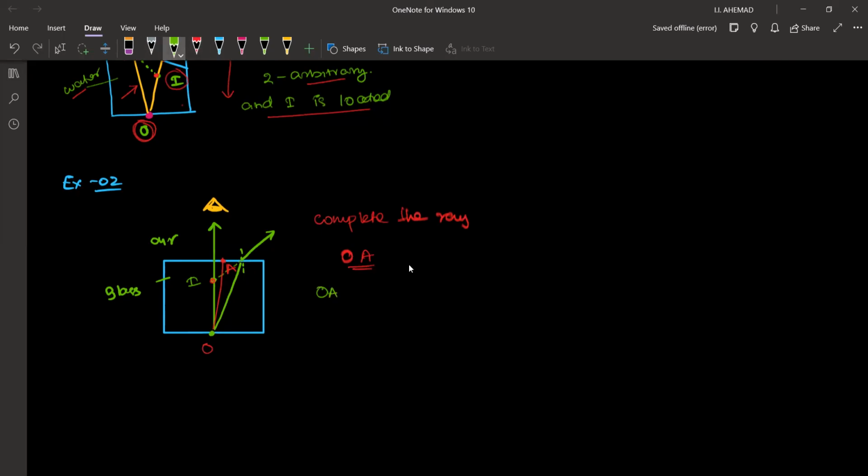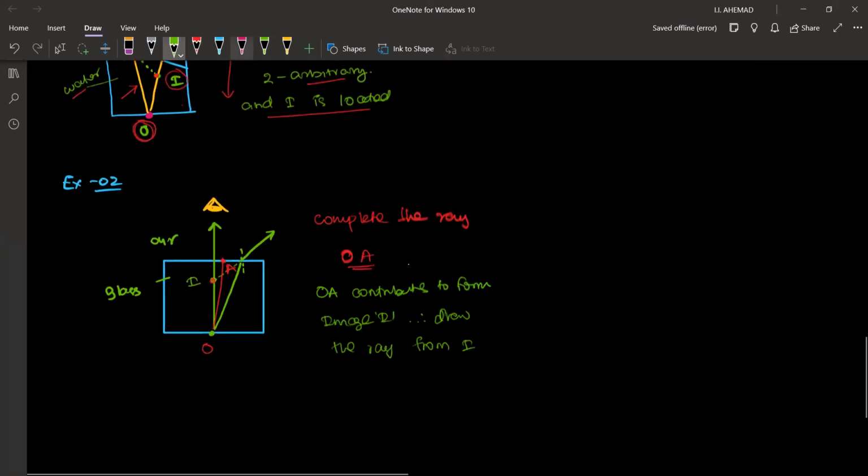So I'll mention the idea. OA contributes to form image I. Therefore, draw the ray from I. So just draw this ray from I. Here dotted line and here solid line.